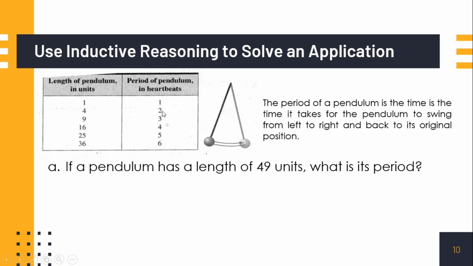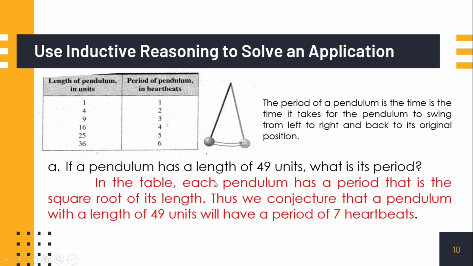If we have a period of 2, we have 4 units. And if we have a period of 3 heartbeats, we have 9 units. So in the given question, you can answer this because in the table, the pendulum has a period that is the square root of its length. Thus, we conjecture that a pendulum with a length of 49 units will have a period of 7 heartbeats.